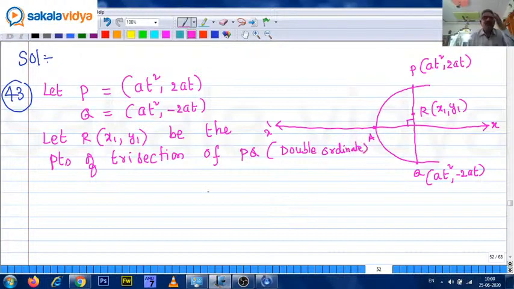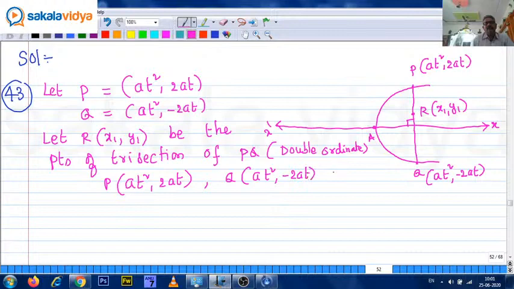So first we need to find out R coordinates. P coordinates are (at square, 2at), whereas Q coordinates are (at square, minus 2at). Here ratio m is to n, you can take 1 is to 2.